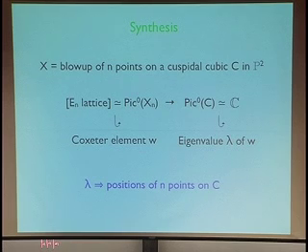And so you simply take one of the eigenvectors of this Coxeter element, and you just use those numbers to figure out where the point should be on this cubic curve. So the positions of the points, which are rigid, can be read off simply from the entries in an eigenvector for the Coxeter element.